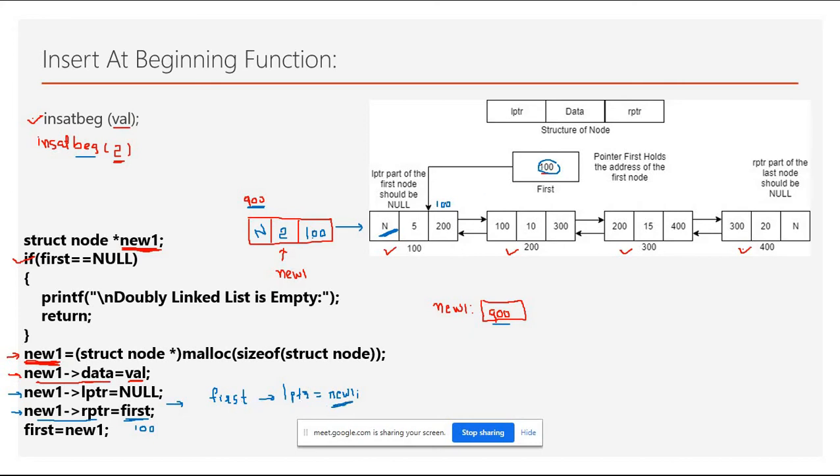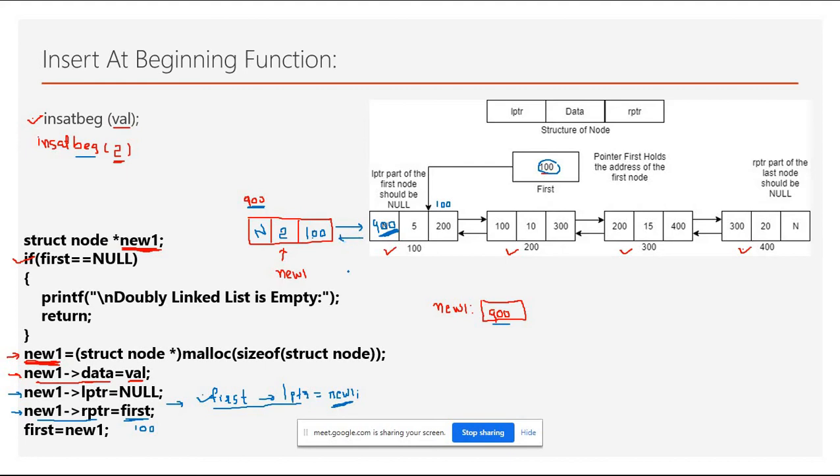So first is 100. This is a node which is created on address 100. This is the LPTR of it, and here in the LPTR we are copying the address from new one. So new one is 900, so here you have set 900. Once this line is executed, the link will be established like this.